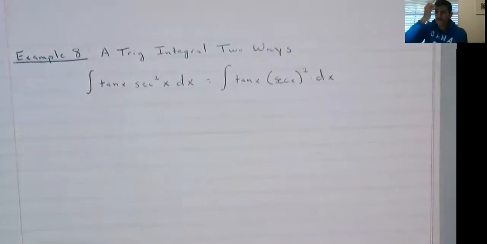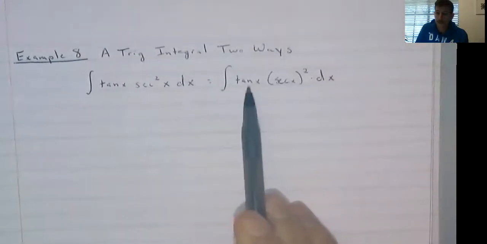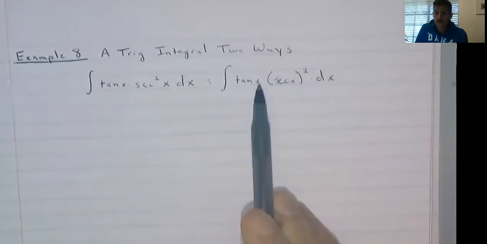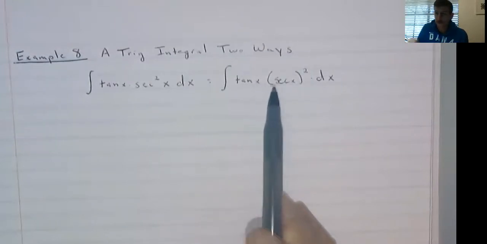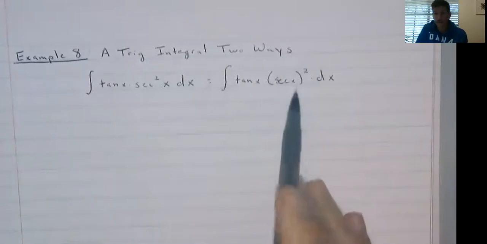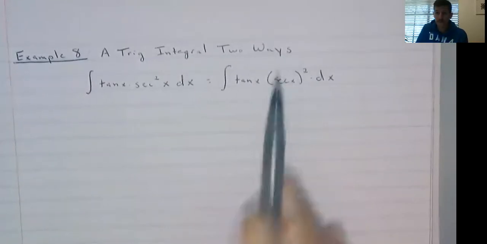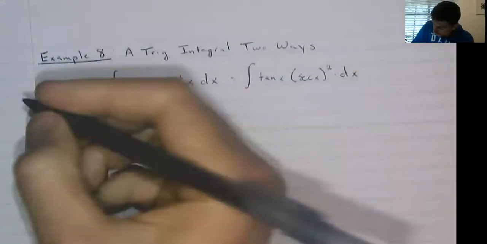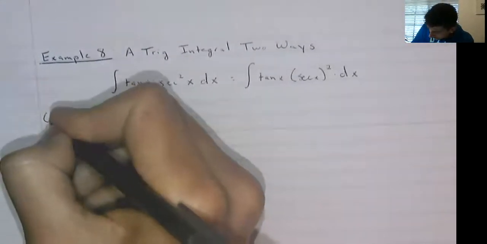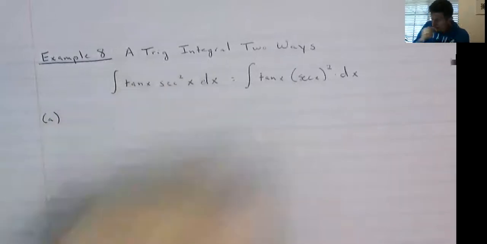But what we'll see, and we'll do this both ways, is that it would actually yield an appropriate answer to use the tangent as our u. But let's start with what to me seems the obvious choice, which is the secant. And so we'll call this Option 1.